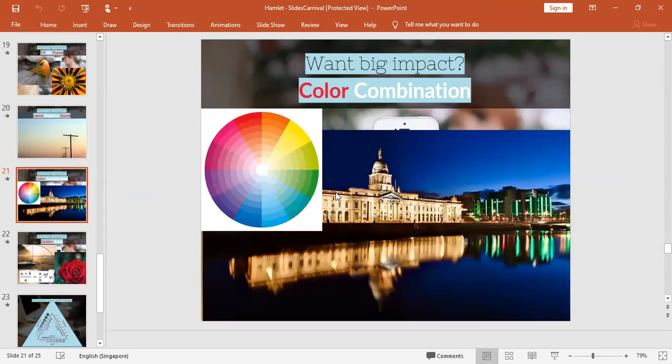And then color combination. This is not under composition. It is matching and combining colors. First you have to know the color combinations.